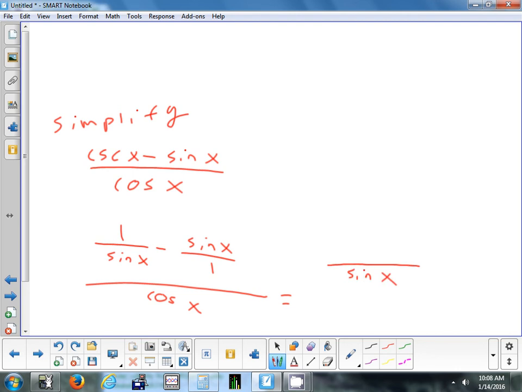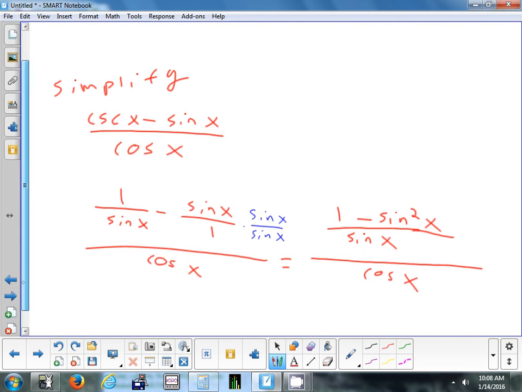So the common denominator is sine. Fraction on the left already has it. Fraction on the right, I'm going to multiply top and bottom by sine. So we're going to get sine times sine, which is sine squared. 1 times sine, that's already in the bottom from the common denominator. And all of that is divided by cosine.